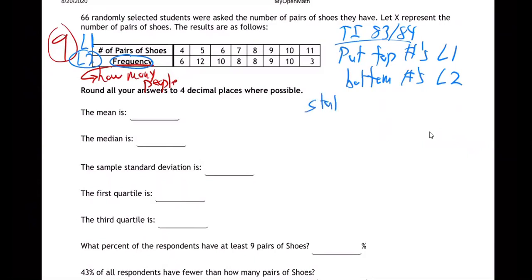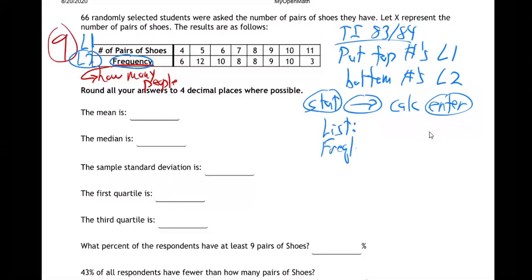And then we're going to hit Stat, go over to the Calculate menu, and hit Enter. When we do, you're going to get one of two kinds. You'll have the list and the frequency list, and the calculate, which you'll highlight and press enter.